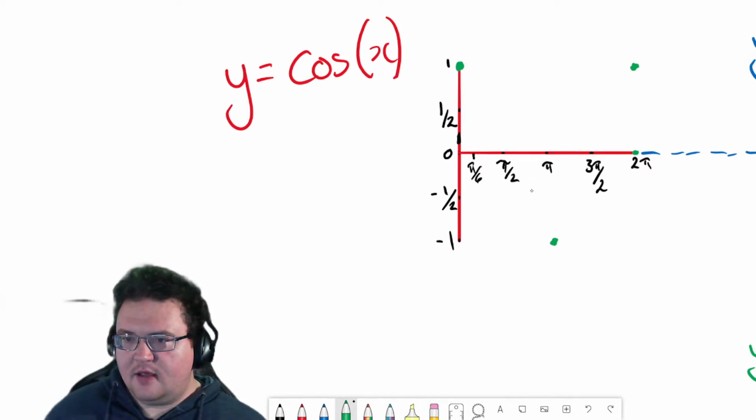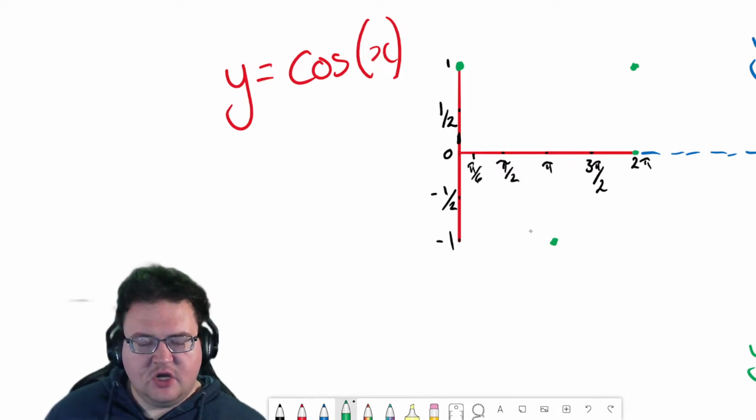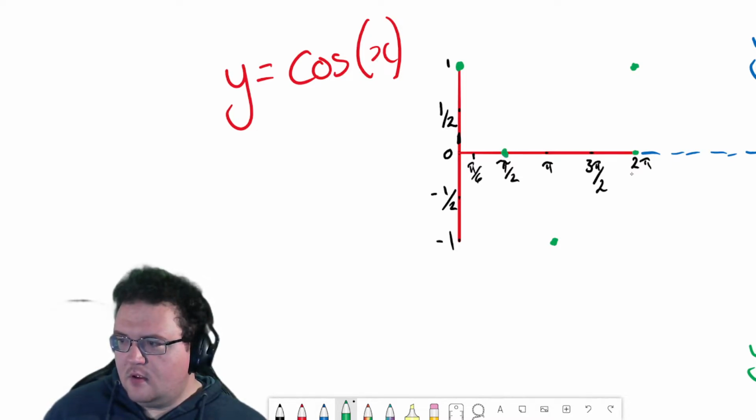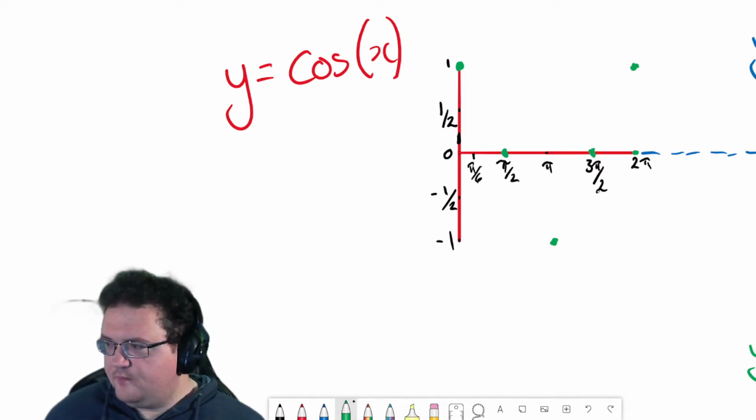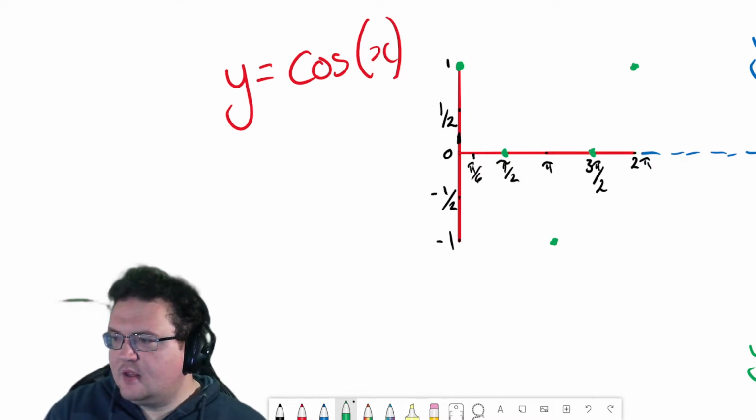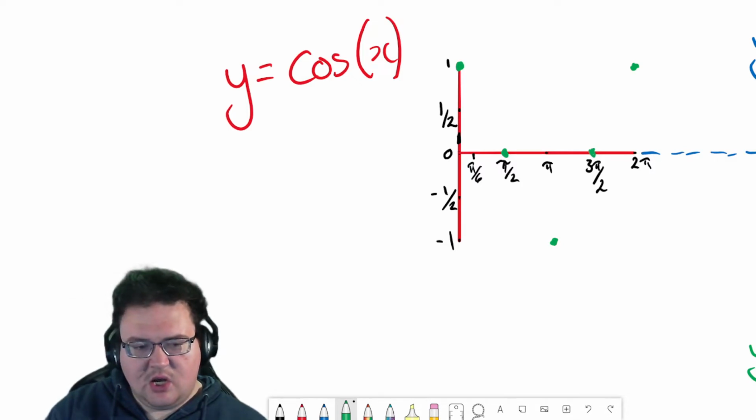So we've got there, and there. So, what is cos of pi on 2? Yeah, it's 0. And then by that logic, cos of 3 pi on 2 is also going to be 0. So, if I connect the dots, what's it going to look like?